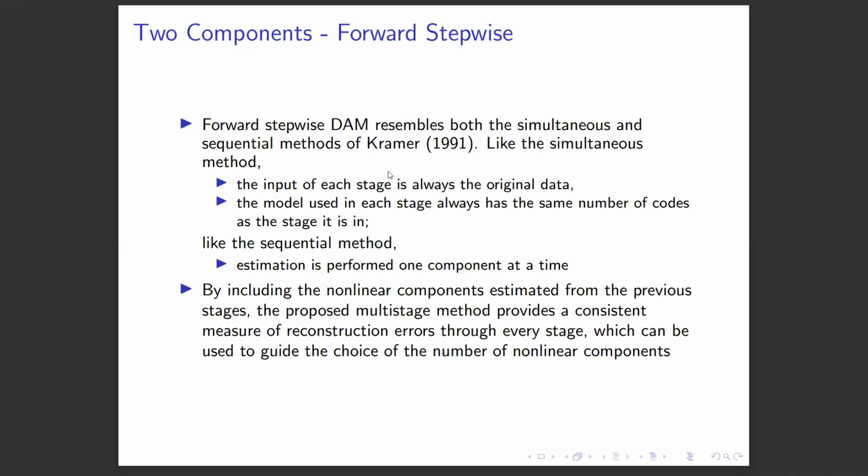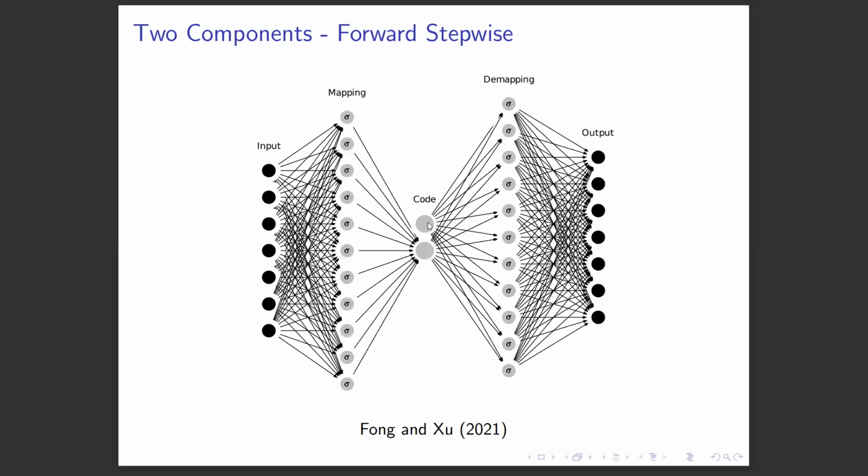Here, the input is always the original data. And in every stage, we have the same number of codes as the stage it's in. But it's also like the sequential method, meaning that the estimation of the component is done one at a time. This component has already been estimated in the previous stage. We're not re-estimating it, it's fixed.